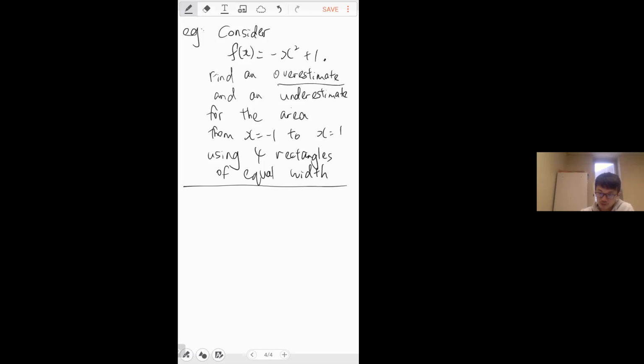So we're computing overestimate and underestimate. For these, you need to draw out the graph. What does the function negative x squared plus 1 look like?